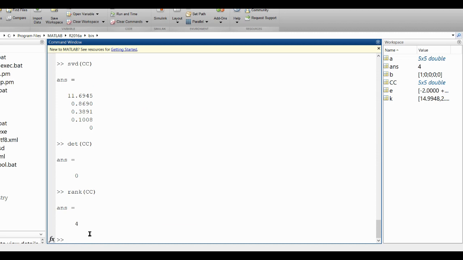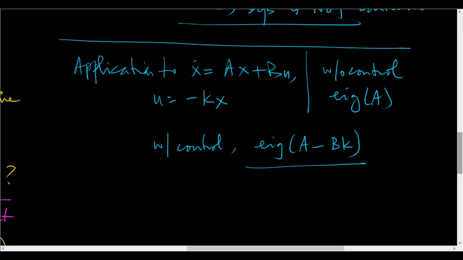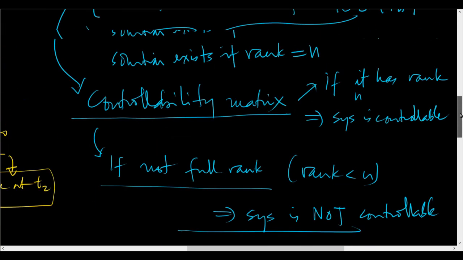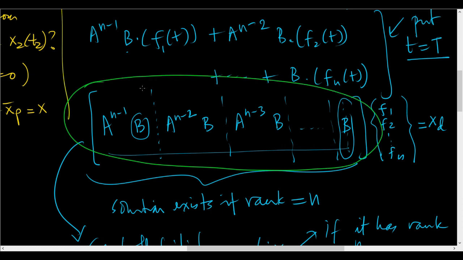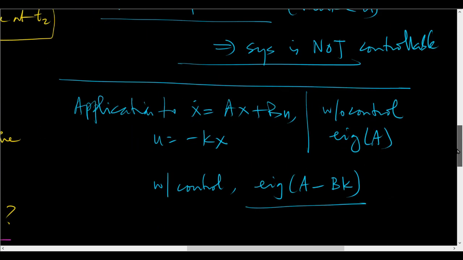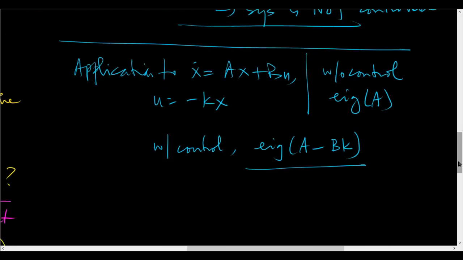Okay, so that's the controllability matrix. Once again, let us go back here so that you can recall. So that's the controllability matrix here, in green. If the controllability matrix is full rank, then we can make the state go from anywhere we want to anywhere we want within a finite time.